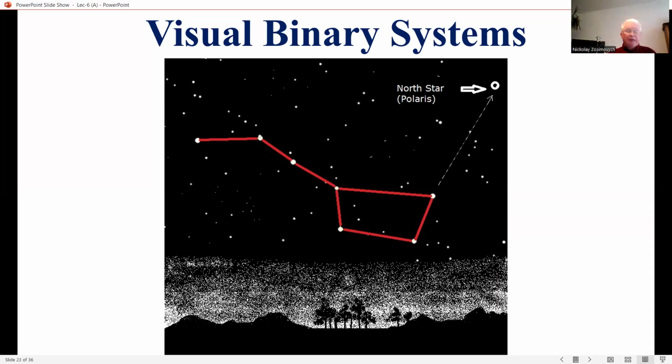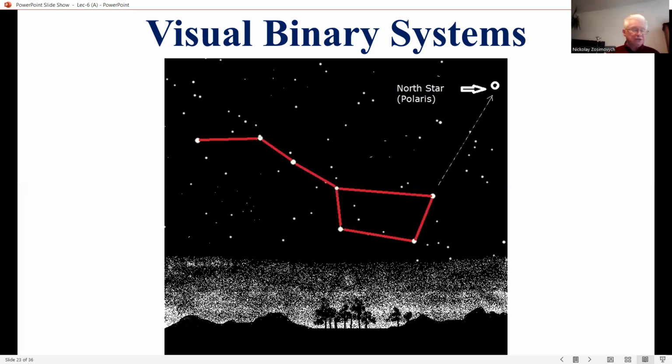In a visual binary system, you can see each star moving around its orbit. Visual binary systems are common. More than half of all stars are members of binary star systems, and many of those are visual binaries. Favorite star Polaris has two stellar companions.